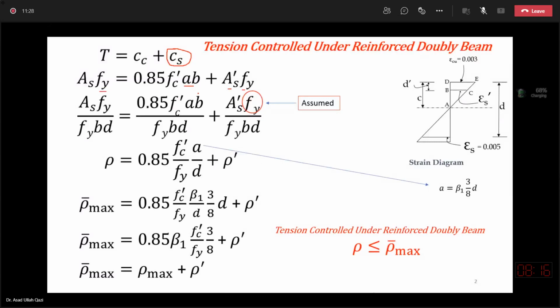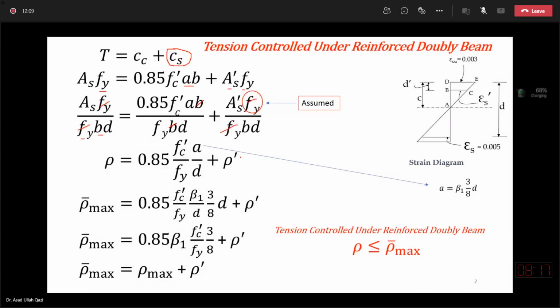I will divide both sides of the equation by Fy B D. When I divide, I get cancellation of Fy, and since I am assuming compression steel at yield, I also get cancellation of Fy over here, and cancellation of B in the first component after equality. I will replace AS over BD with rho on the left hand side, and AS prime over BD will be replaced with rho prime on the right hand side.